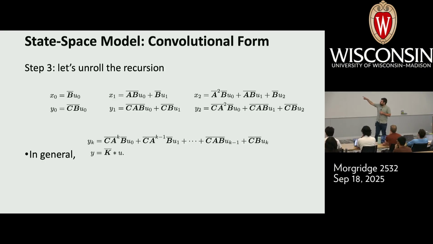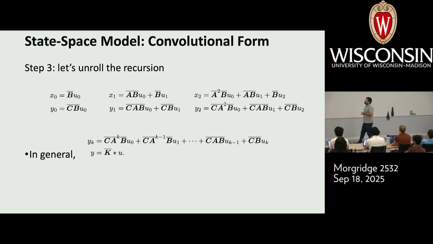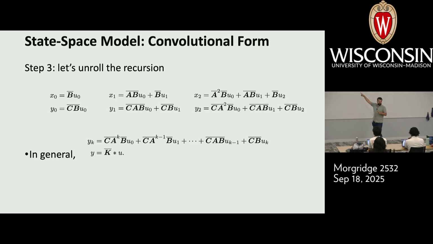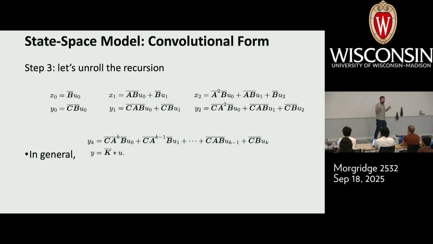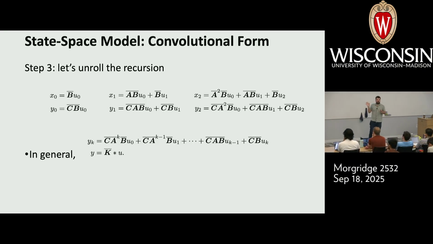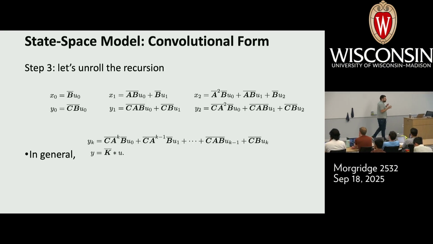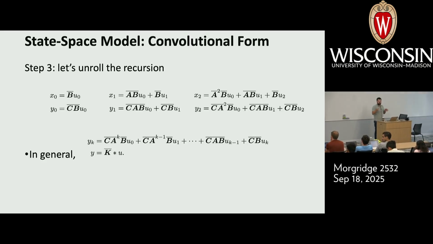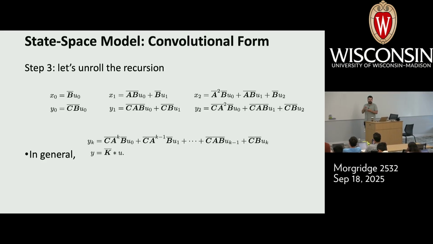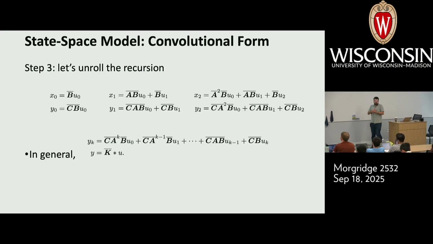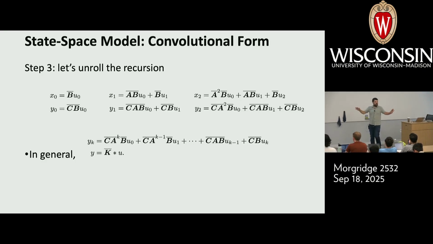And that entire sequence, that whole vector, is the convolution of a particular sequence that we'll talk about. I'm going to call it k. The convolution of that with u, which is the entire sequence of inputs. Notationally, does that make sense? Cool. Again, a convolution here is a 1D convolution. You're probably more comfortable, in ML at least, with the 2D version for images. Here it's just over a sequence of some length and nothing else.